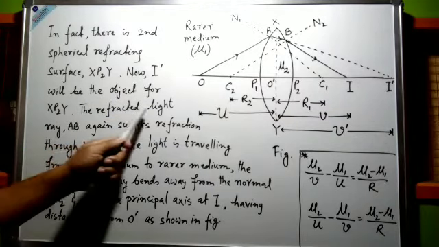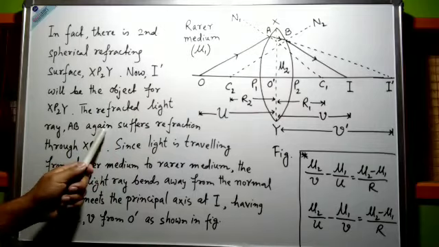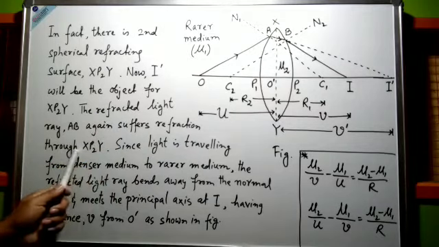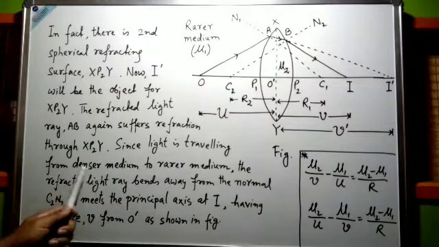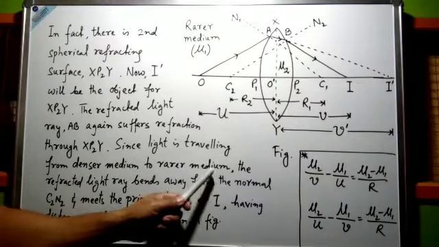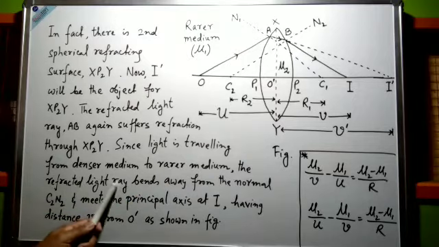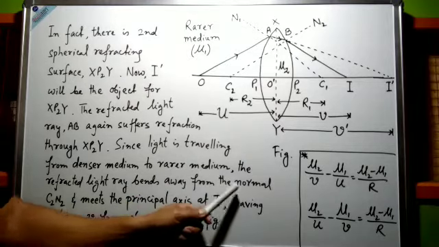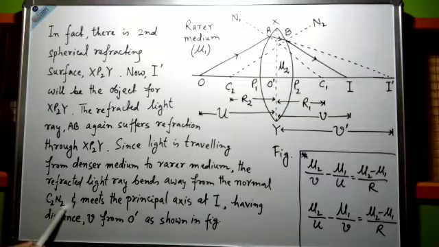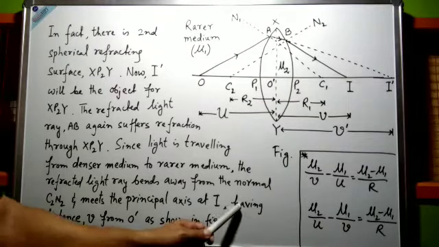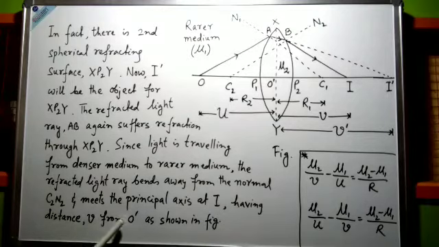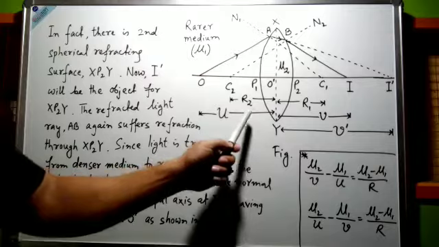The refracted light ray AB again suffers refraction through XP2Y, since light is traveling from denser medium to rarer medium. The refracted light ray bends away from the normal C2N2 and meets the principal axis at I, having distance v from O dash, as shown in the figure. Now the figure is there.